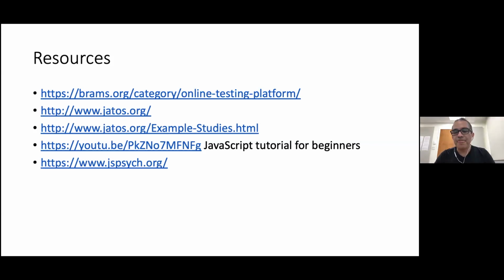Aaron Click is asking, should a lab request a single user account on BRAMS-OTP? I would say individual accounts would be better, because with your account you can add people as members of the experiment. I didn't show this, but for example, if you have an experiment going on and you have a collaborator, another grad student or whoever works in your lab, you can add them as part of the project, and now you both have access to the code.